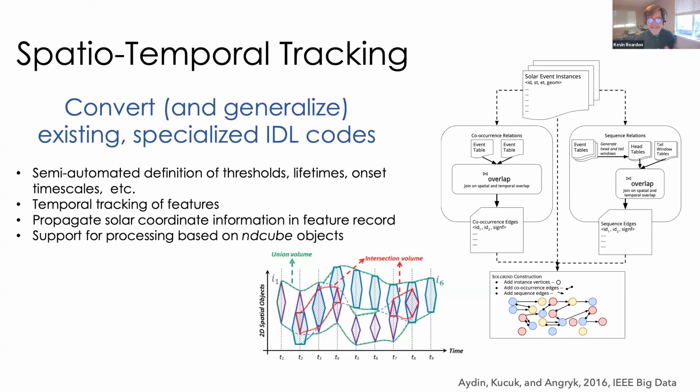The other one was the spatio-temporal tracking. There are a lot of codes out there for identifying, in that one case I showed, bright points, or they could be magnetic features, which have a little different characteristics in their behavior, and there's a different algorithm people have used to track those, or to look for impulsive brightenings, whether these are small flares or large flares.